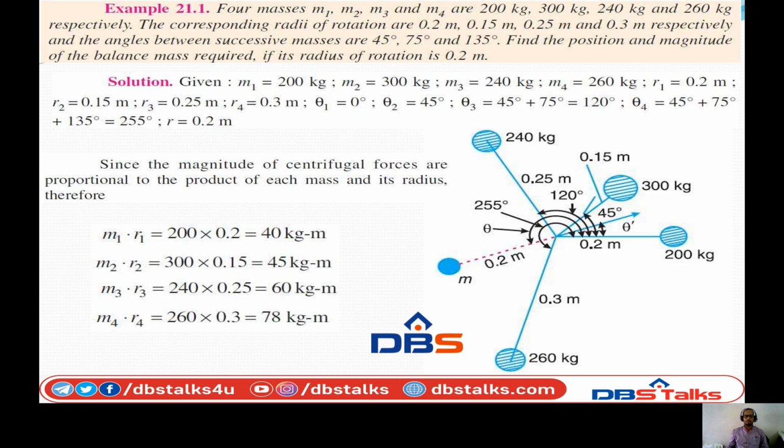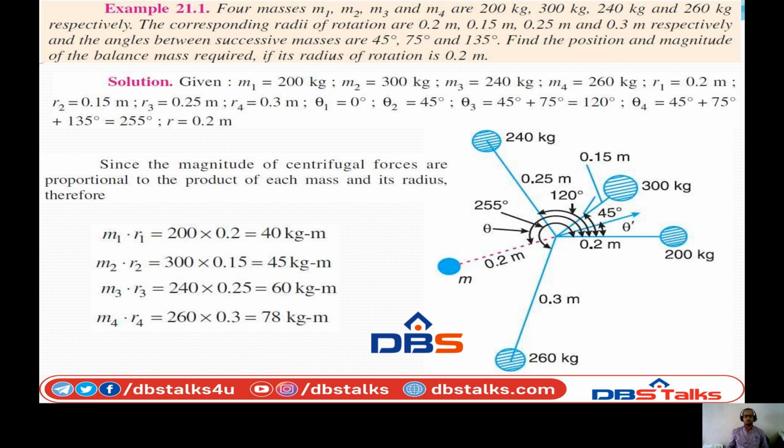make the position of another ball, that is 240 kg, that is M3, and the remaining last mass is M4, which is positioned at 135 degrees from the third mass. So from the reference, how much angle is up to there, 120, and after that 135.